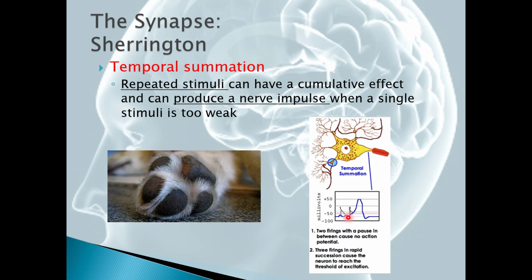But here, 1, 2, 3 gets it to threshold, and we have an action potential. So here's 2 firings with a pause, and this is 3 firings in rapid succession. So 1, 2, not enough to get it to threshold, 1, 2, 3, firings in rapid succession, that's temporal summation, separated by time, produces an action potential.